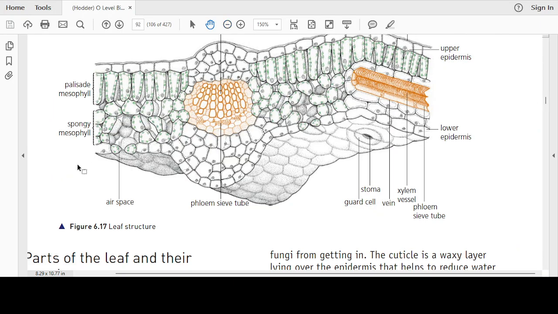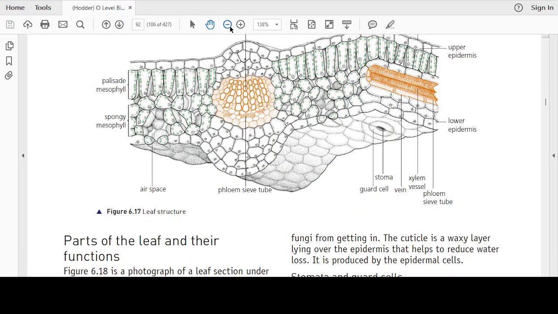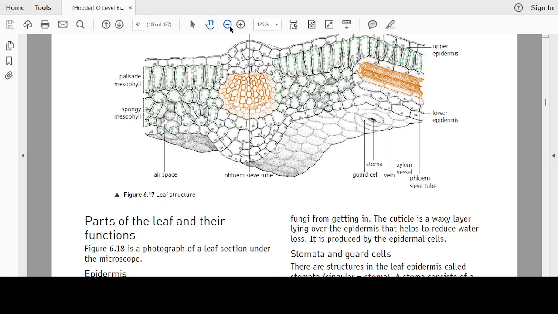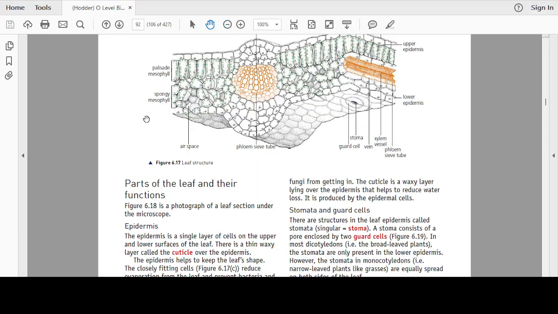The spongy mesophyll is more responsible for the movement of water through the leaf and also the diffusion of gases, right? It does contain chloroplasts, so some level of photosynthesis does occur.